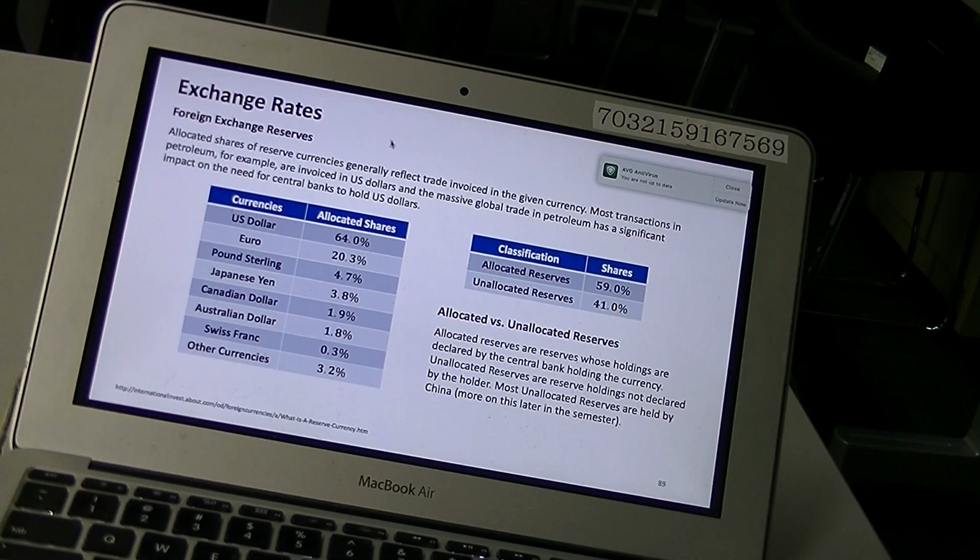The Canadian dollar and the Australian dollar, you wonder, well, why do those even have any? Remember we talked about how there's a lot of commodities that are sold by those two countries? Both Canada and Australia sell a lot of raw materials.